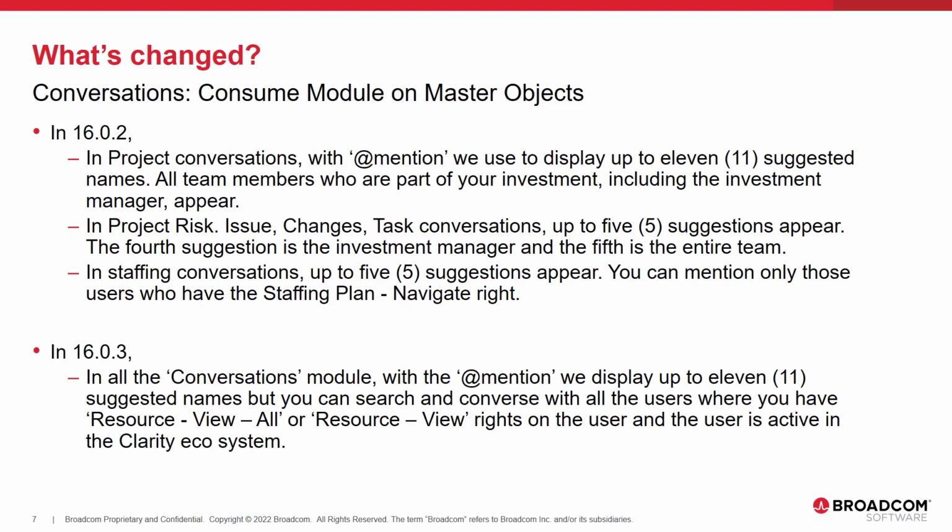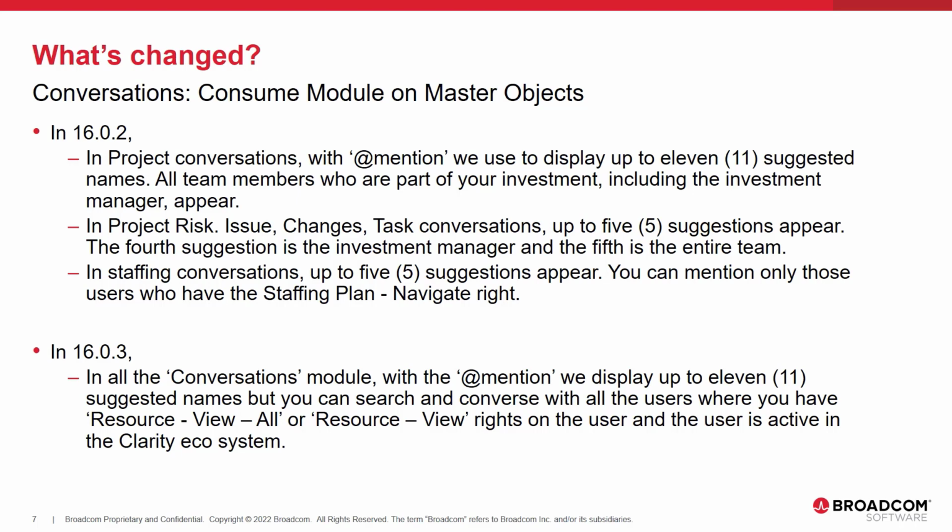In 16.0.2, in project conversations with @ mention, we used to display up to 11 suggested names. All team members who are part of the investment, including the investment manager, appear. In project risks, issues, changes, and task conversations, up to 5 suggested names appear.